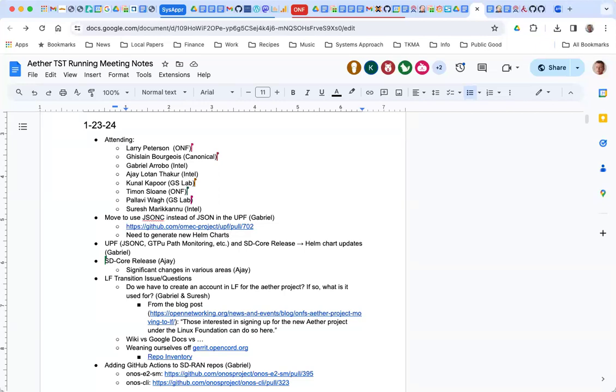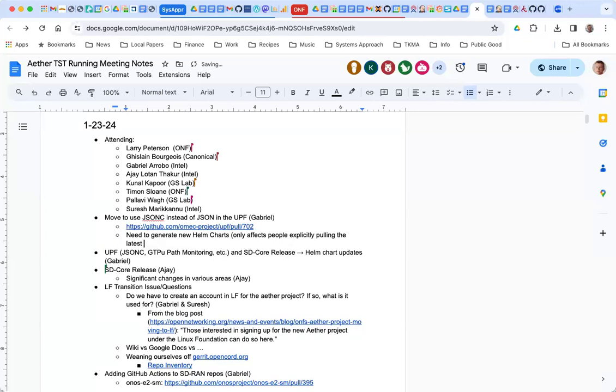Only if somebody is actively trying to pull the latest UPF code, make some changes and try out their changes, then they will have to make sure that they take the latest Helm chart as well. All right. But the majority of our users may not see this. It's only if you're explicitly pulling the latest UPF image. Yeah, correct. Okay.